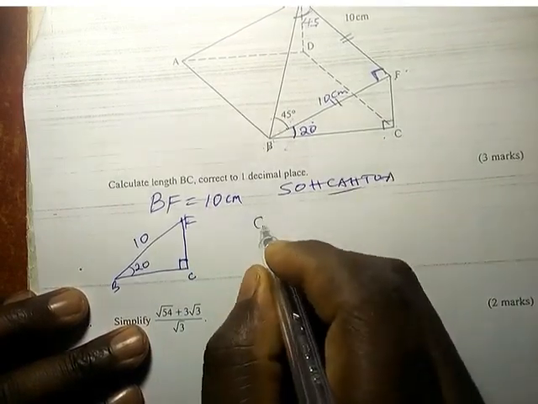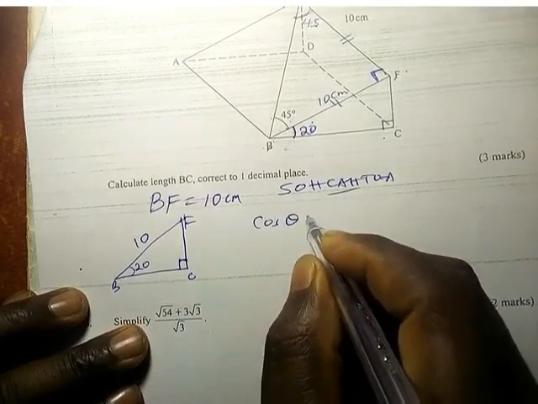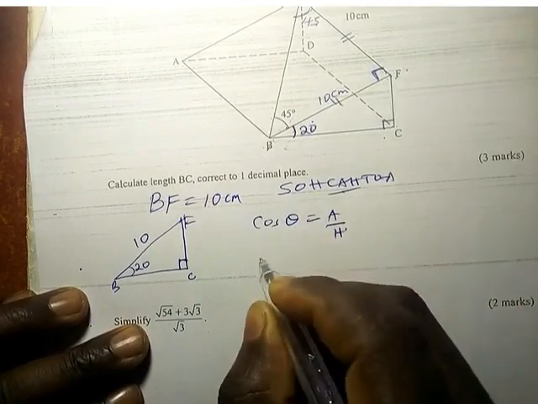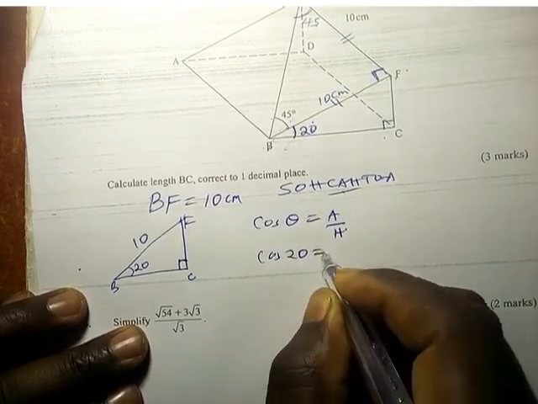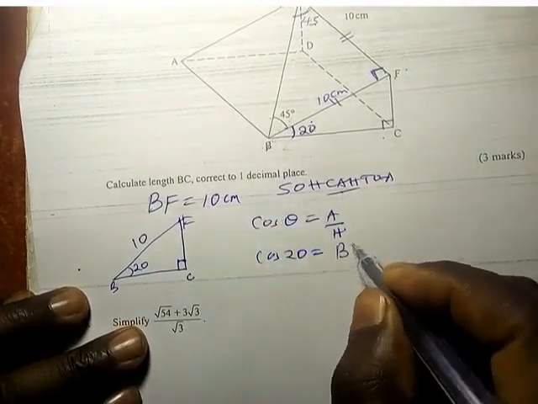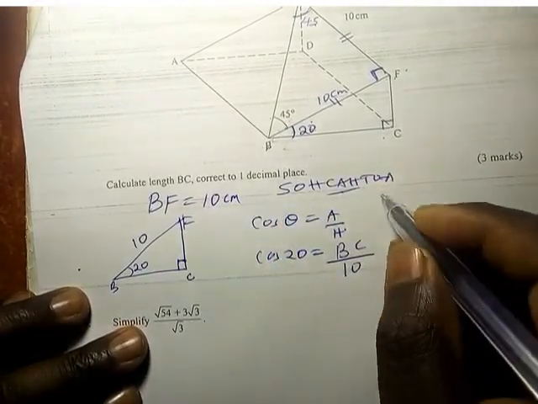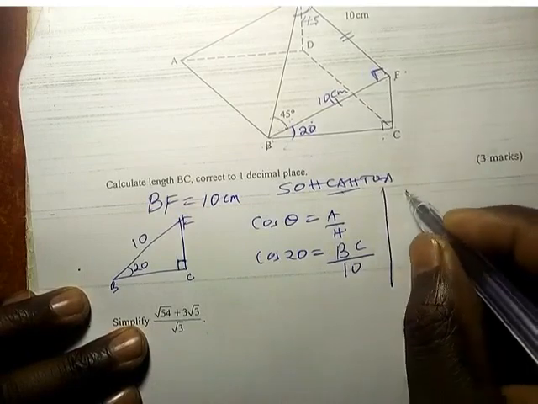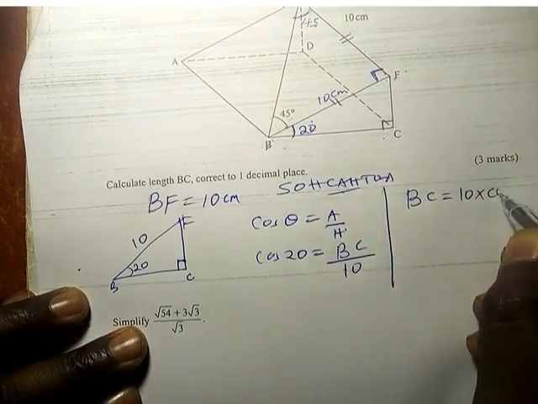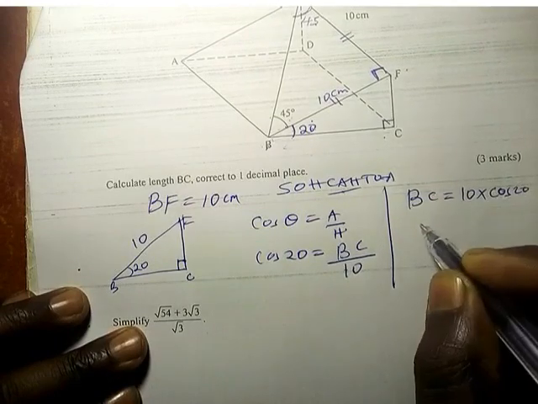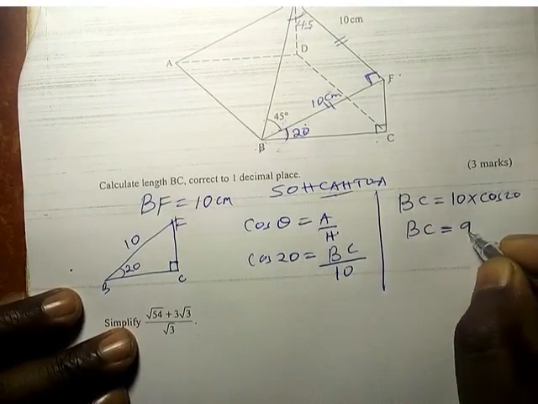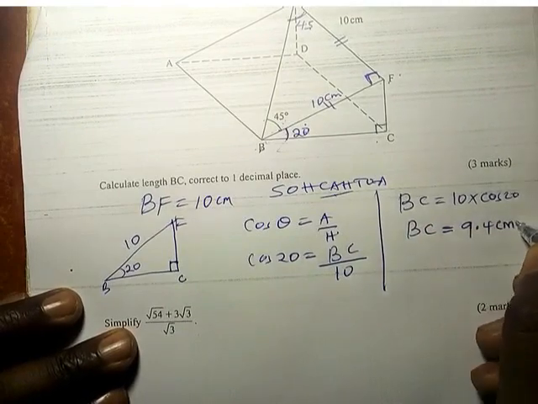So cos theta is equal to adjacent over hypotenuse. So cos 20 is equal to adjacent, which is PC, divided by hypotenuse 10. So PC is equal to 10 times cos 20. So PC is equal to 9.4 centimeters.